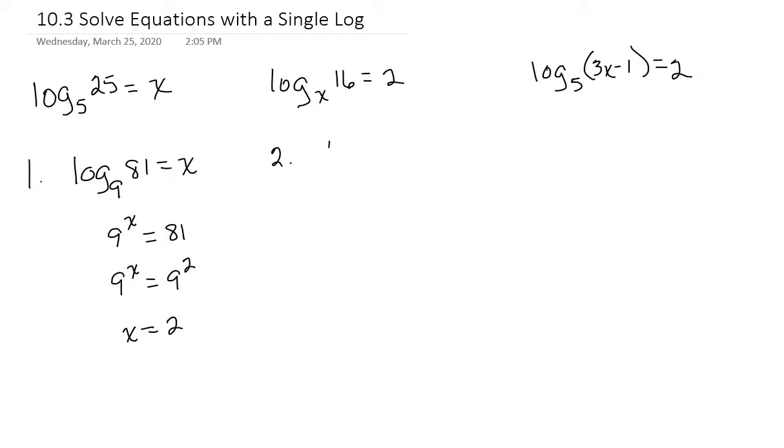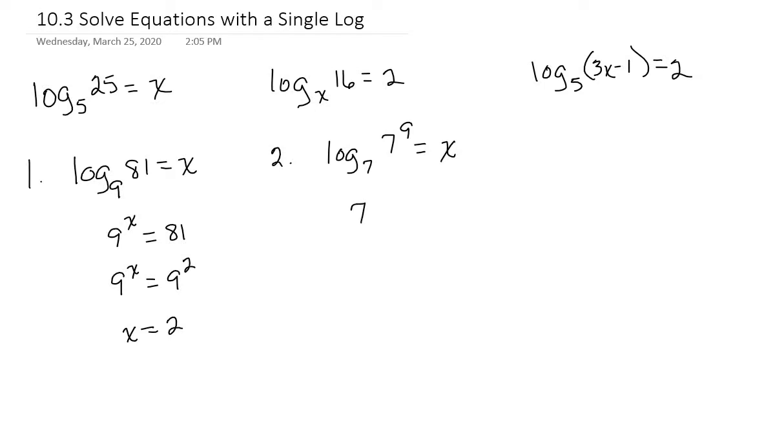Problem 2, I have log base 7 of 7 to the 9th power equals x. And there's a couple of different ways that I can do this. If I did problem 2 like I did problem 1, the base I would write as 7.